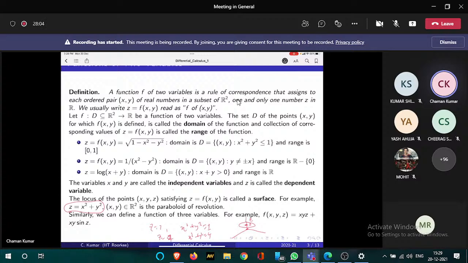You take z equal to 4 here, and there you create a circle. Whenever you change the value of z, starting from zero, you can trace all the circles all around. The surface that you get is the paraboloid of revolution. Fine. Yes, sir.